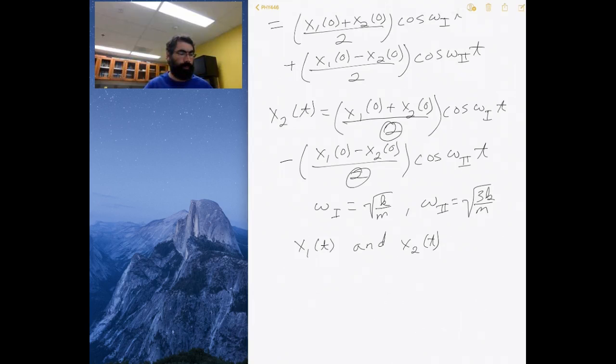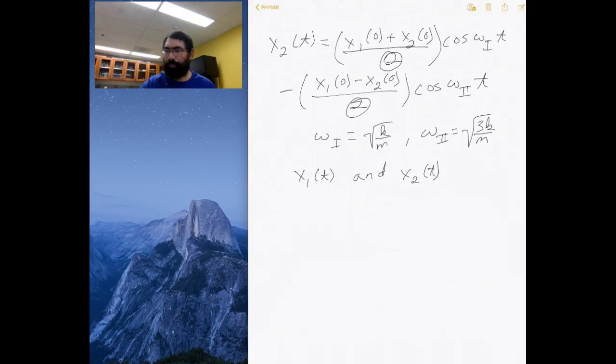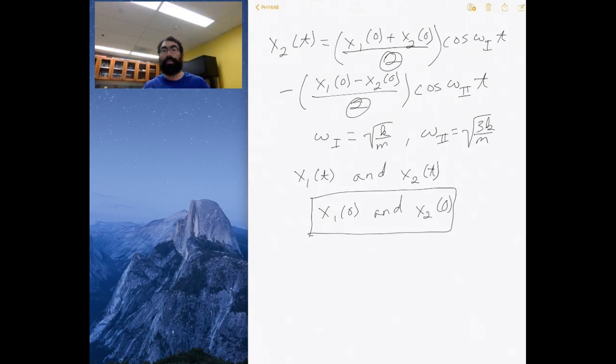All that's put together, and now the only input that we have to put into this problem is what are the initial positions of each of the masses at a time t equals 0. So when we put those two numbers in, and then we let the system run, we can now predict where each of those masses are going to be at any given moment in time.